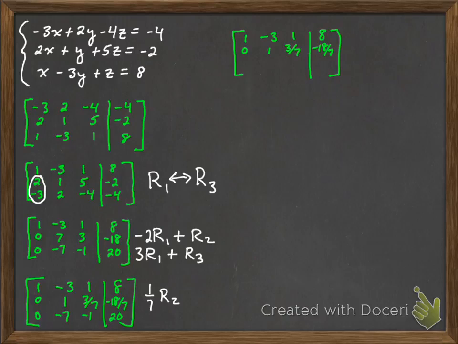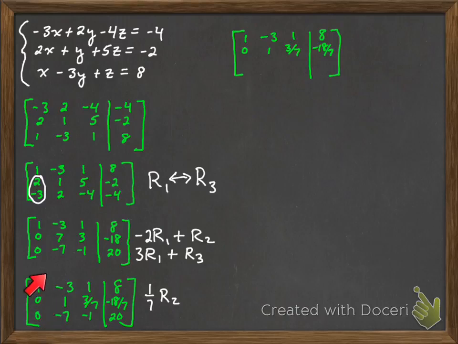Now what we need is, since we have a 1 in the top left corner and zeros under it, the next step is to get a 1 in the middle value, which we do have now, and get zeros under it. So we need to use this 1 to turn this -7 into a 0.